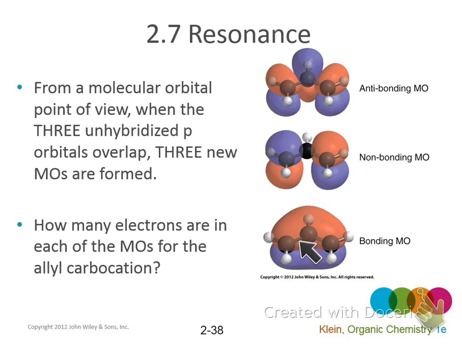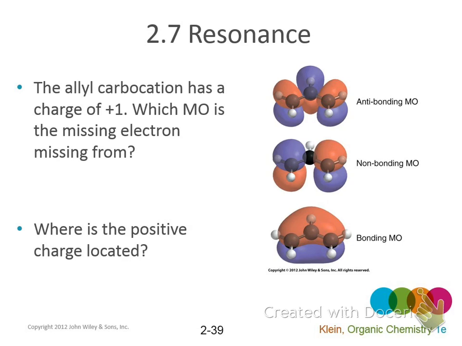The big difference between these is there are no nodes in a bonding molecular orbital, or actually, as we'll find out later, more bonding interactions than anti-bonding interactions. And here you have lots of nodes, and that's what makes it an anti-bonding orbital. You have more anti-bonding interactions or nodes than bonding interactions. We have a whole section on that later in the semester.